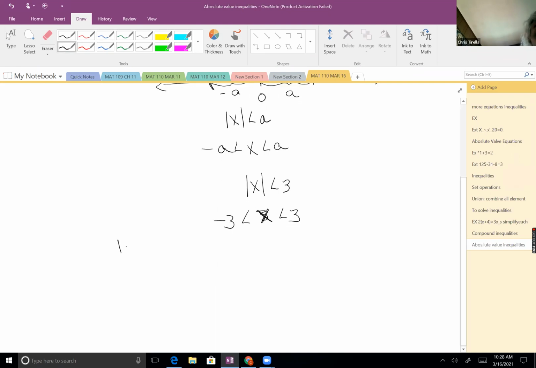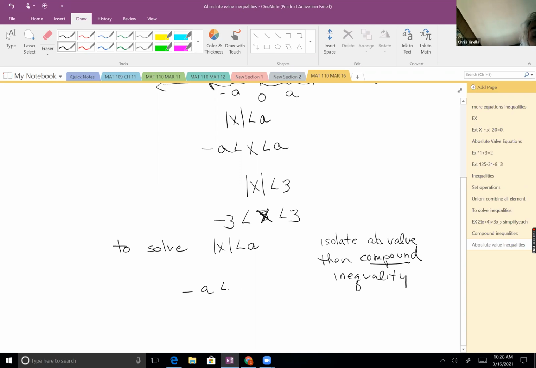So to solve something of the form, the absolute value of x is less than a quantity a, we're going to first isolate the absolute value. Then solve the compound inequality: negative a is less than x is less than a.